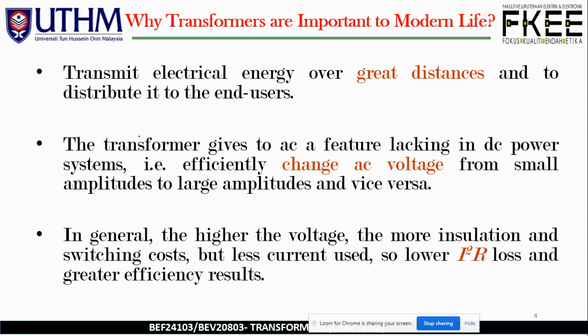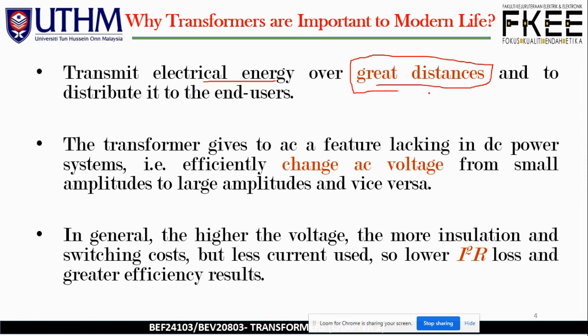Next, transmit electrical energy over great distance. So this is what DC cannot do. We can actually do it by having the transformer equipment in our transmission line, the AC transmission line.